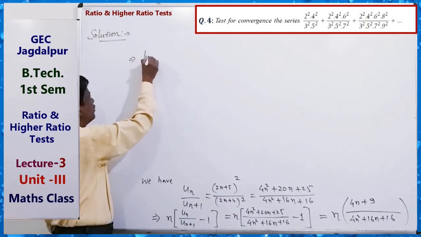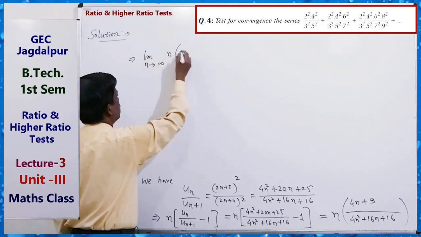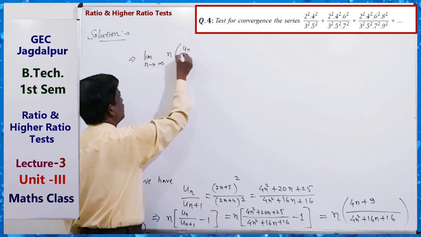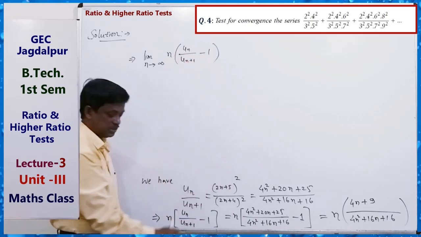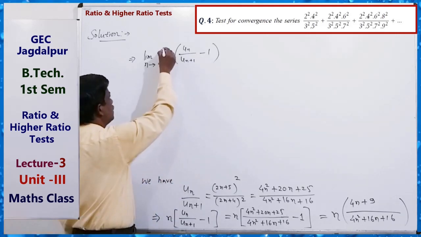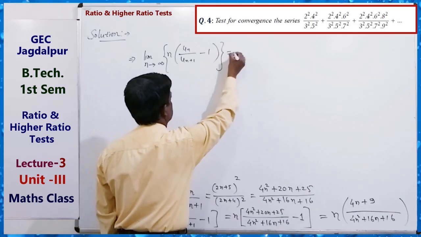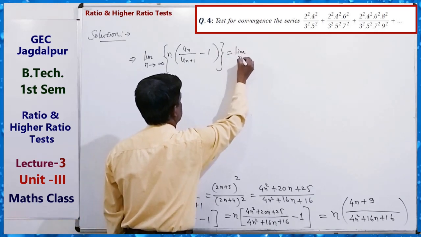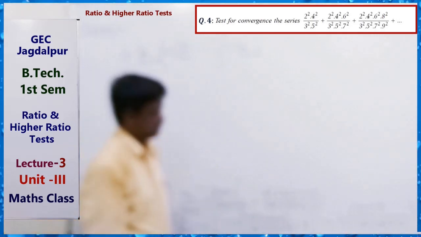Finding the limit as n tends to infinity of n times (un upon un plus 1 minus 1). The limit of this quantity. Okay. The limit of n tending to infinity of the right hand side.